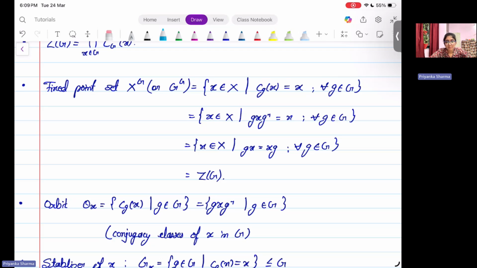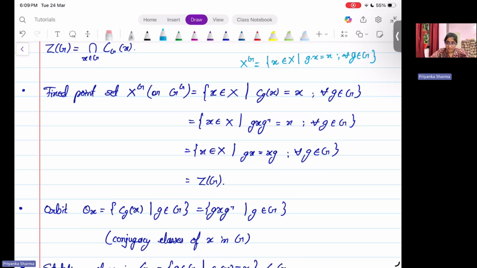It consists of those elements x of X for which C_g of x is x. We know that X^G is the subset of X such that g dot x is x for all g belonging to the acting group G. Here g dot x, the group action, is defined by C_g.